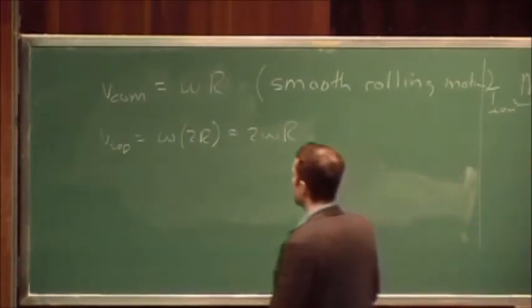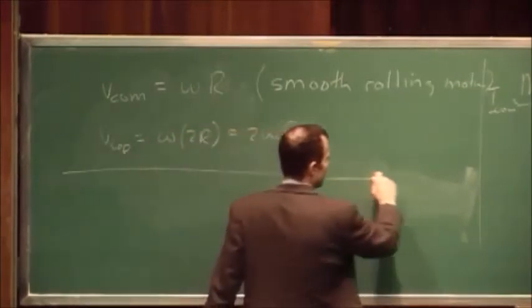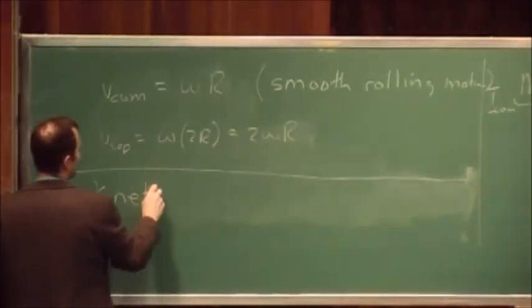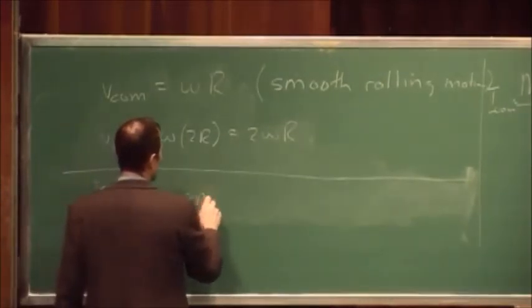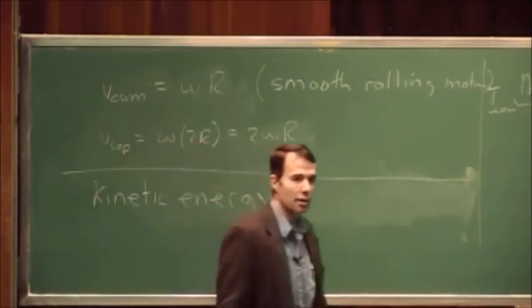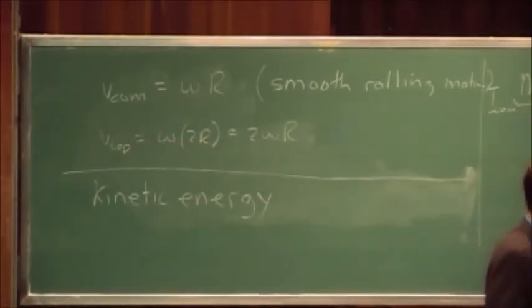Okay, so now let's consider the kinetic energy of the system. How am I going to consider the kinetic energy of this system? Okay, so we have the kinetic energy of the rotation, we have the kinetic energy of the translation.